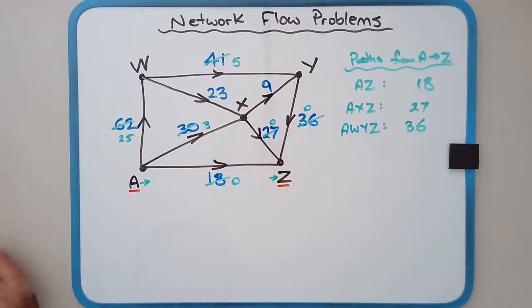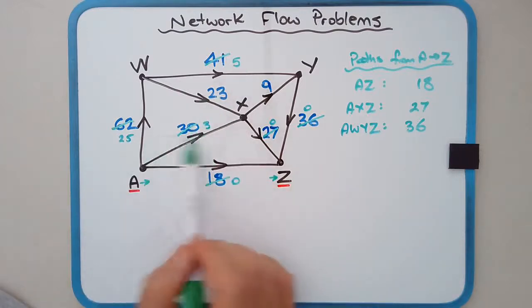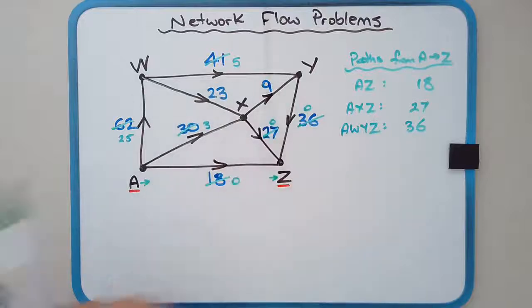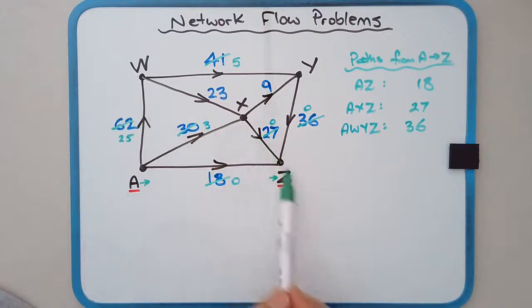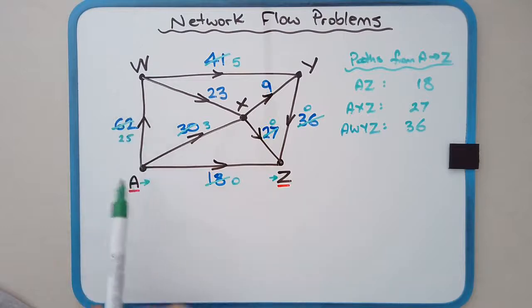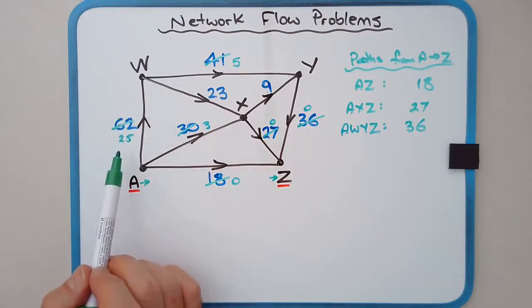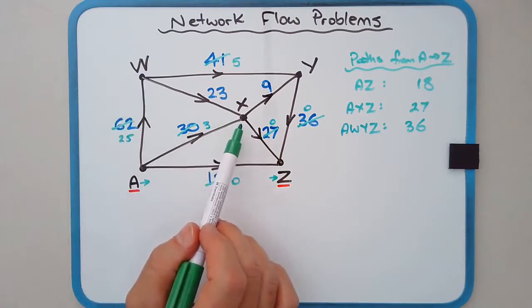In other words, if we increase the ones that have a green number higher than 0, so increasing WY probably won't make too much difference. We could maybe increase XZ, because then we could take advantage of AW, which has the most spare capacity, and WX has quite a bit of spare capacity too.